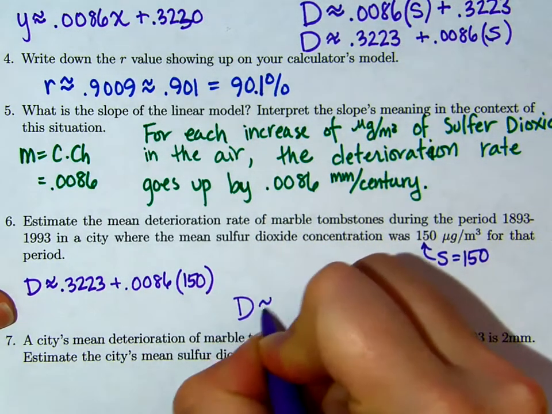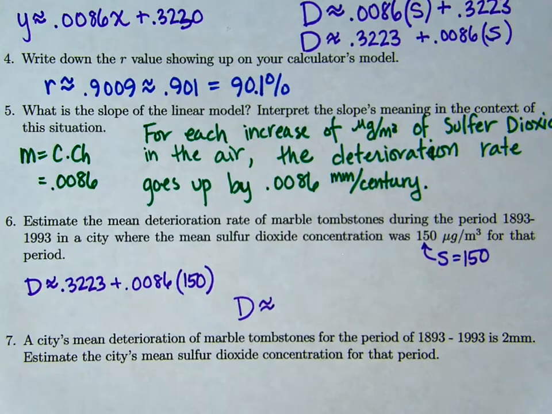So D, then, okay, here comes my handy calculator. 0.3223 plus 0.0086 times 150. So add it 150 times. Hold on.